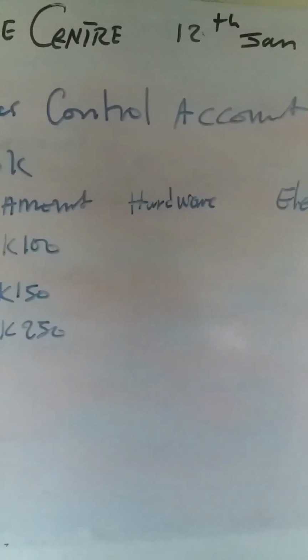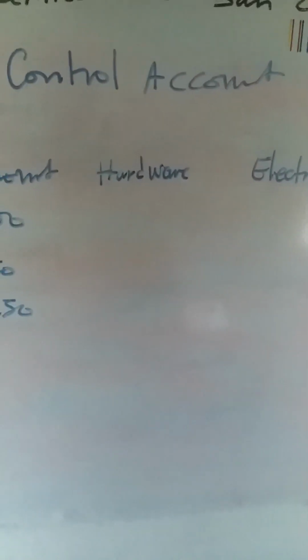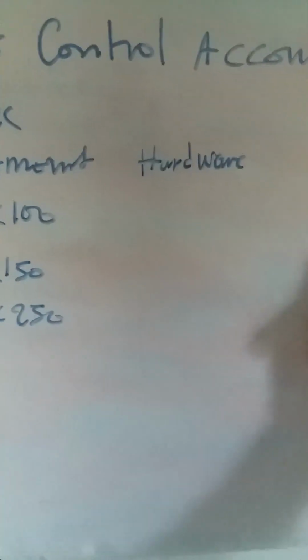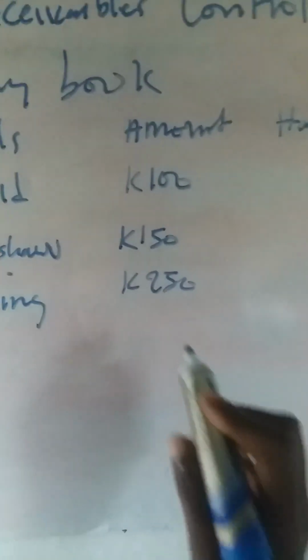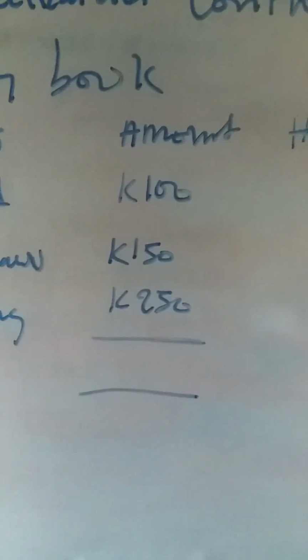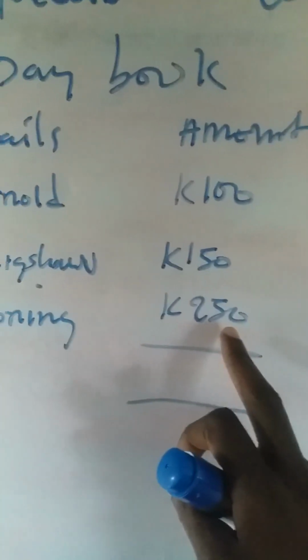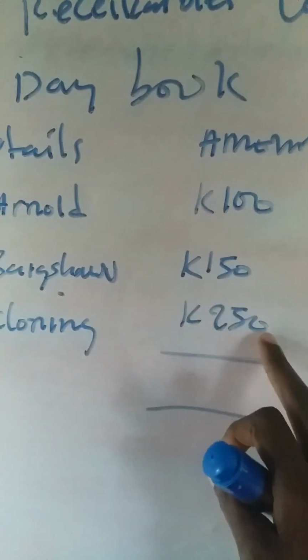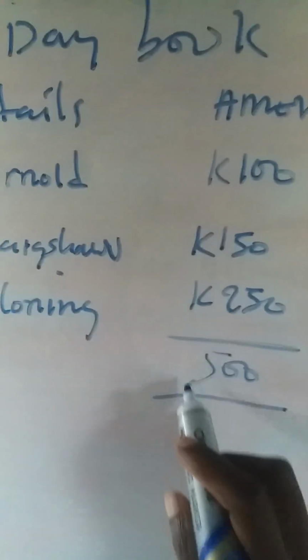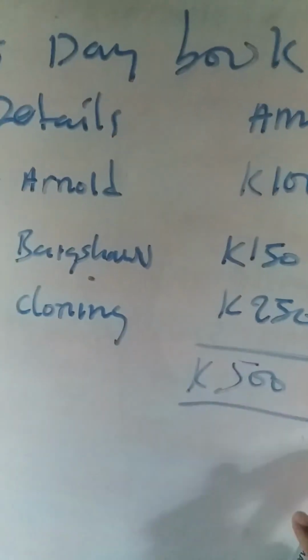We're going to have hardware there and electrical there, and then we put up the amounts just to specify more in our day book to say this amount was about hardware and the electrical. Then here we will need to have the total of the goods that we sold. So this will come to 250 plus 150, that's 500 kwacha.